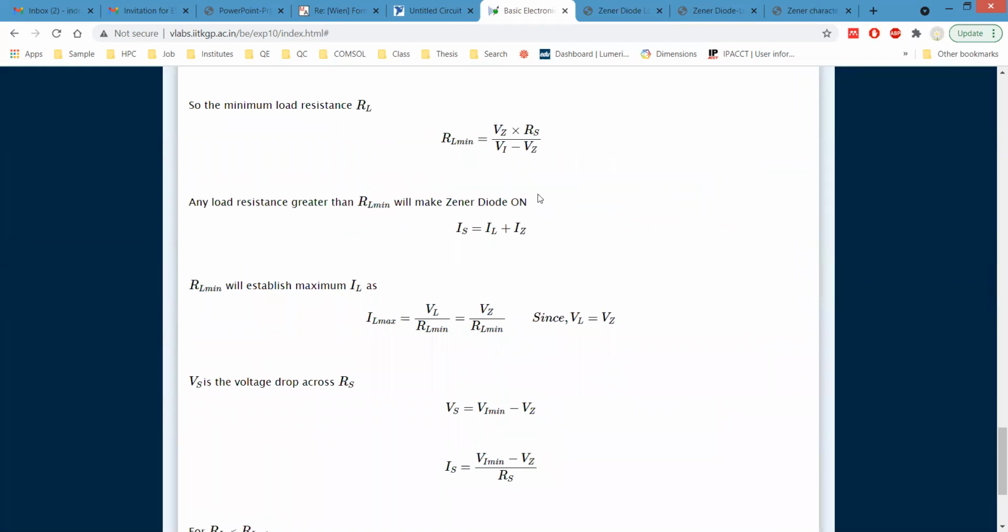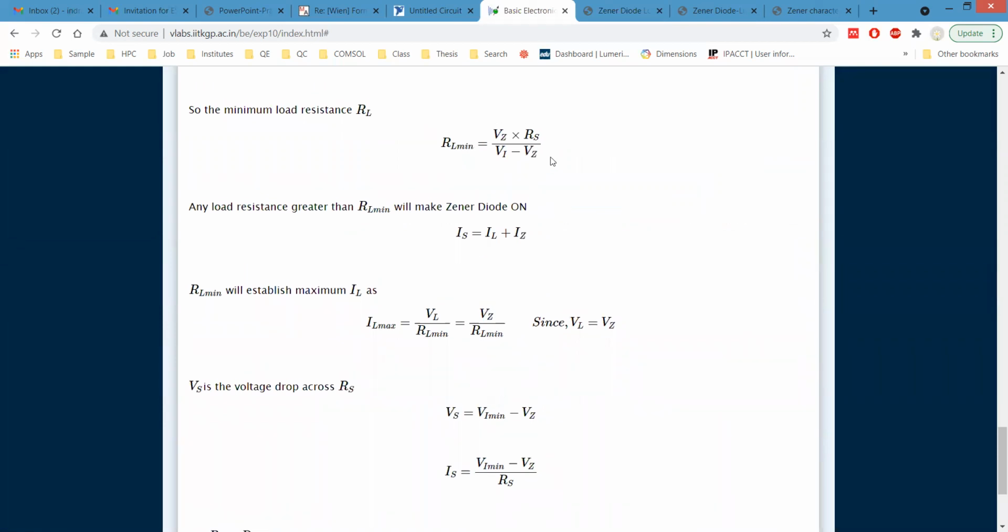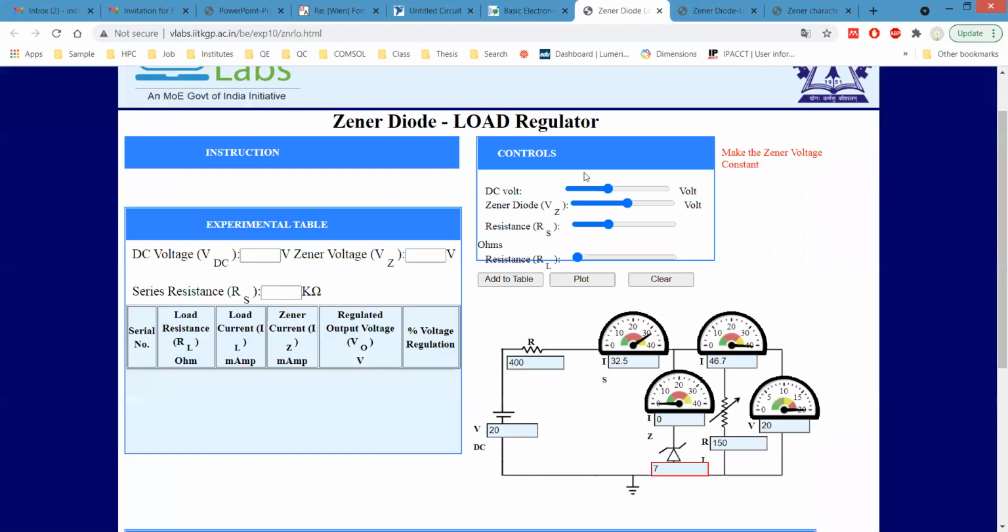RL minima equals Vz into Rs by Vi minus Vz. Vi is the input voltage, Vz is the Zener voltage, and Rs is the source or series resistor. First of all, note down the equation, then I will tell you the values.